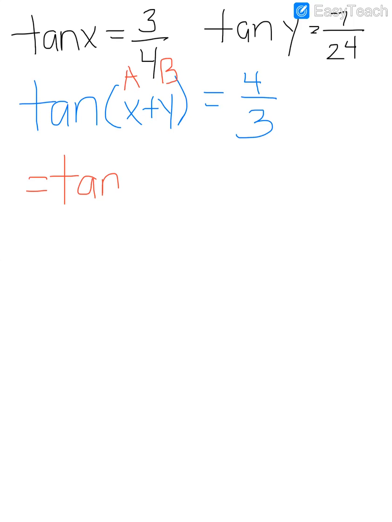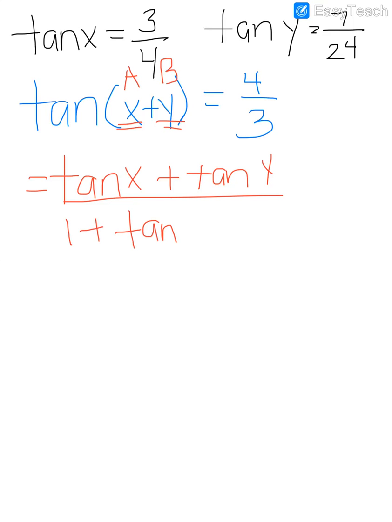So if everybody's looking at your formula sheet, the tan of a is x. So I'm going to write the tan of x plus the tan of b, and the tan of b is y, all over 1 plus tan A, tan B. So that would be tan X, tan Y.